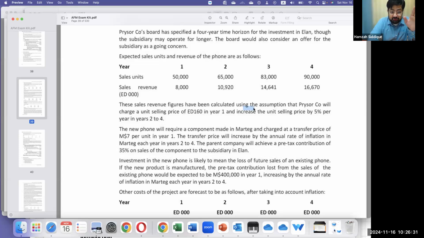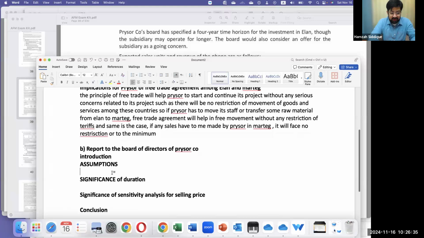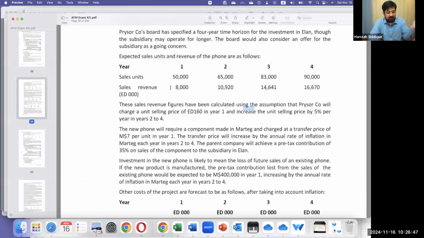Assumption. So what I'll be doing immediately, I will be reading selling price increase. I can discuss it later on. In exam, you can even copy paste from left side, you copy and paste over there. And at the end, you can trim it and discuss it. Okay.